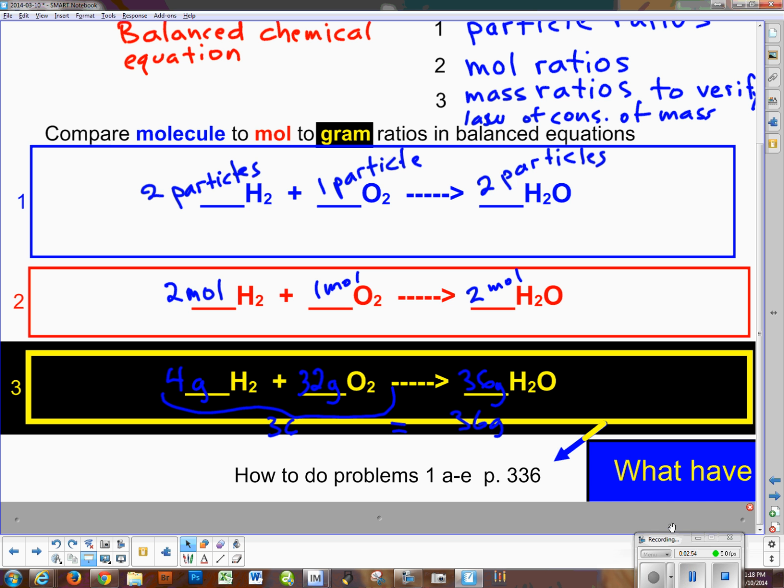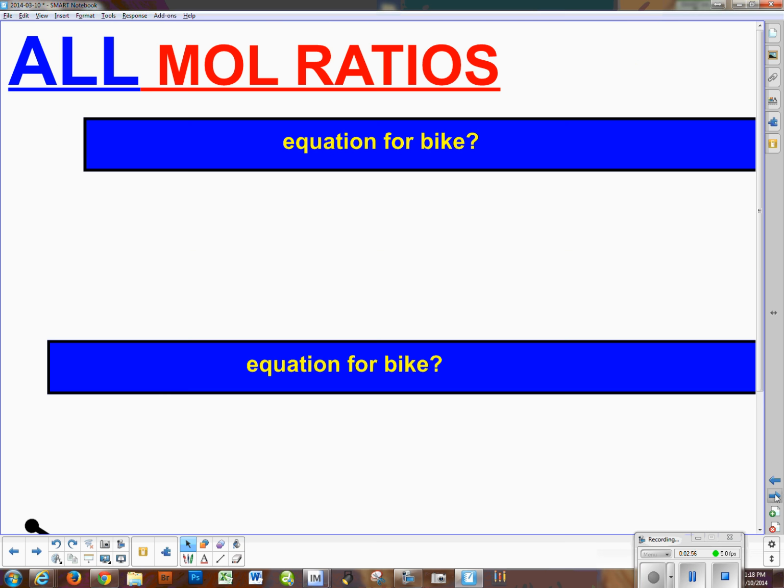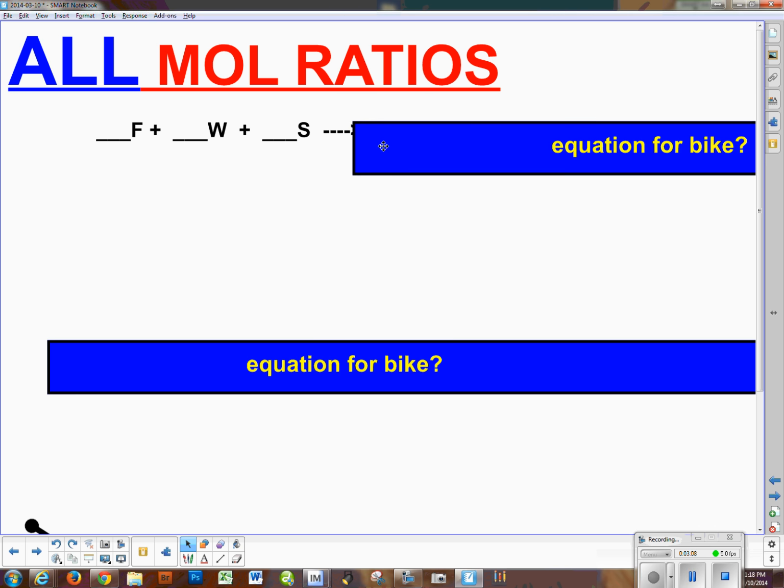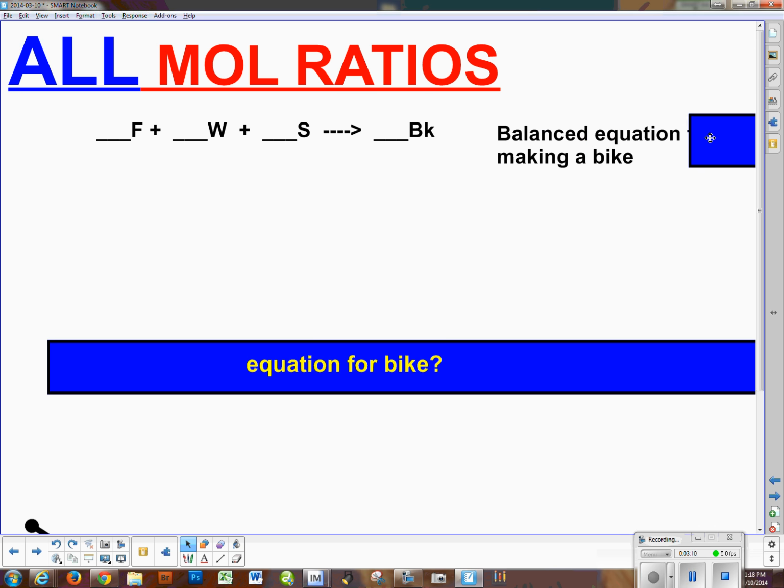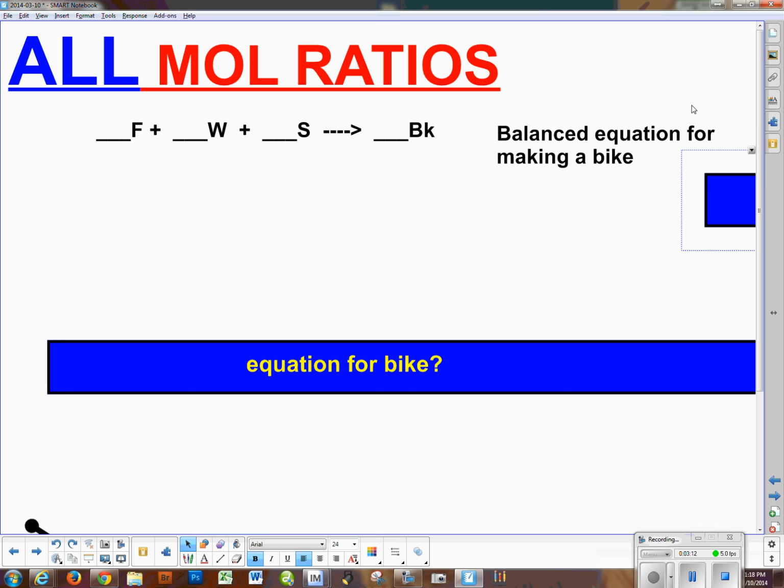Now let's go on to the stuff that I didn't show in class, and that has to do with the equation for a bike. And this is right on the video. In most periods we did not see this video, or this part of the video, so let's look at it. And you might remember that in the video we saw that 1 frame and 2 wheels and 1 seat made 1 bike.